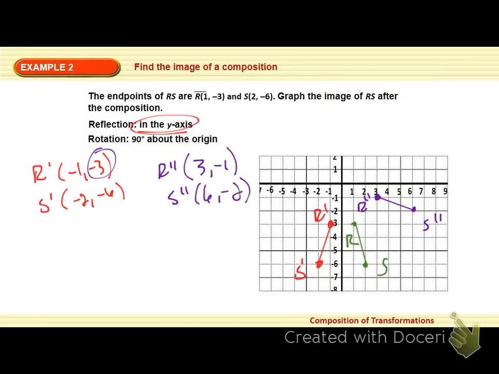if we were to perform the rotation first, that's the next example, right? Then do the reflection. How does that change the transformation, or does it? So now we're going to go opposite and do the rotation first. And if we do that, then it's the same rule. We change the sign on x and flip-flop the coordinates. So R prime then would be at negative 3 comma negative 1.